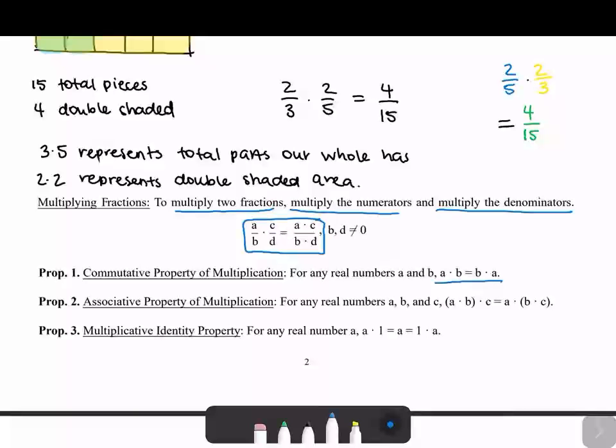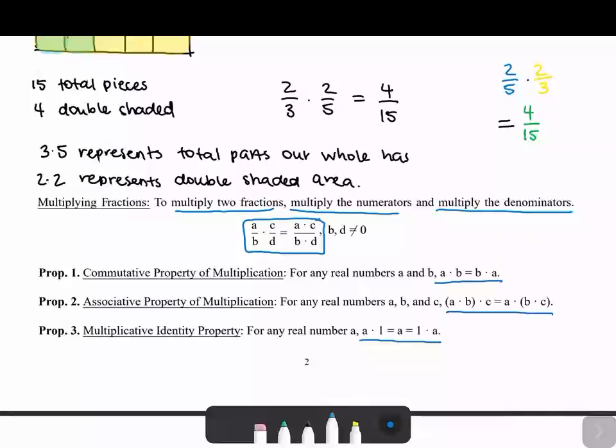We still have the associative property that says it doesn't matter how you associate your parentheses. And we also still have the multiplicative identity property that tells you that whenever you multiply anything by 1, it stays the same. So these are all the same properties we've had before.